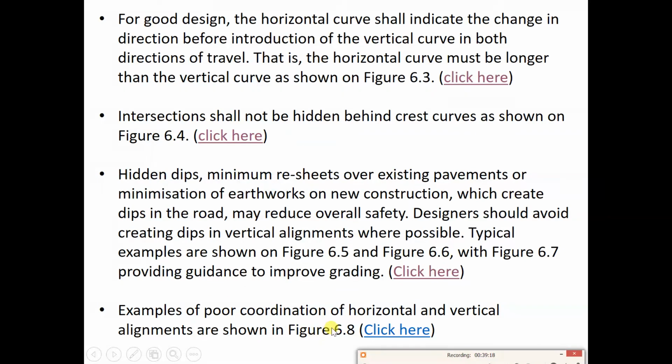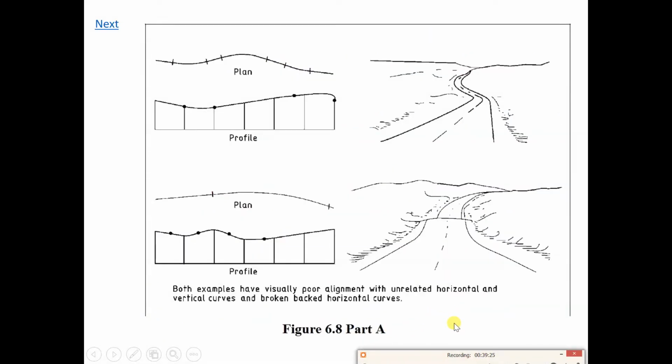Example of poor coordination of horizontal and vertical alignment, as shown in figure 6.8. Both examples have visually poor alignment, with unrelated horizontal and vertical curves and a broken-back horizontal curve. Visually poor alignment of unrelated horizontal and vertical curves.